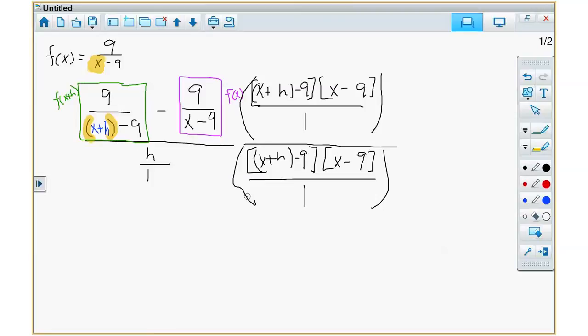Now you can do this because you're not changing anything. You're basically multiplying the problem by 1. You could multiply by star over star if you wanted to, but star wouldn't help you. But multiplying by anything over itself is multiplying by 1, so it really doesn't matter.